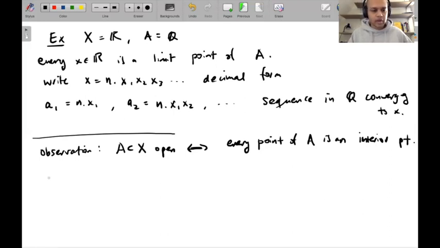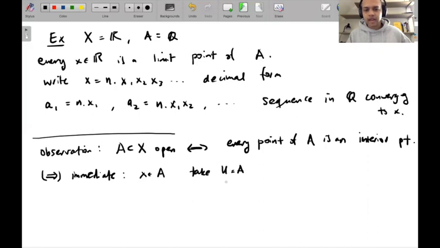So let's think about this. The forward direction is immediate, because if you're given x in A, we can take U to be A, that's an open set contained in A which contains x. So every point is an interior point.